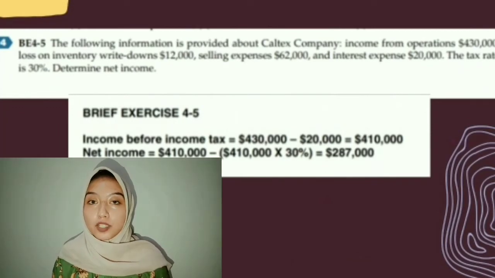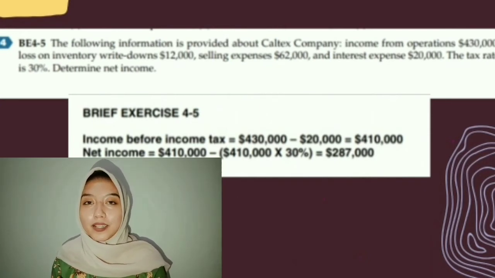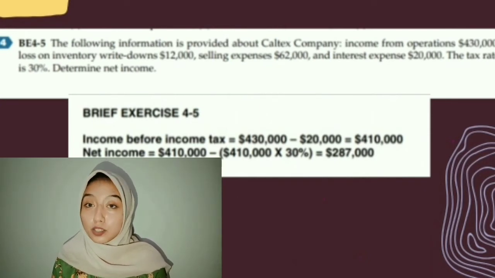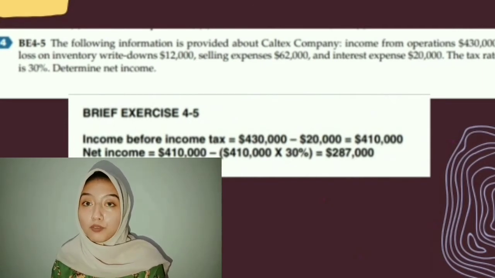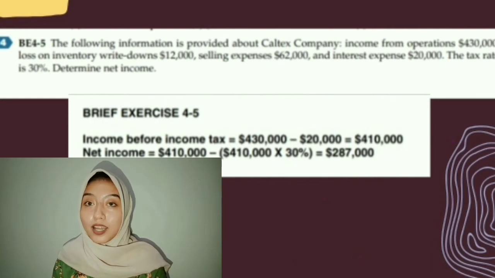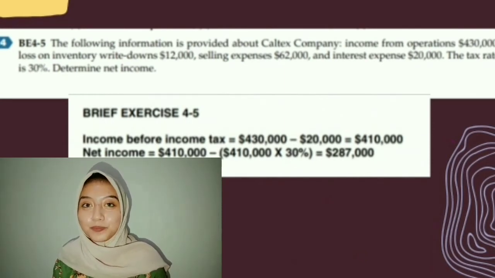Well, here I will discuss the brief exercise. You can see an example of this problem here. We are instructed to prepare an income statement for STAR for the year 2015, and STAR has 100,000 shares. Here I will answer the question above. First, we are looking for income before income tax.